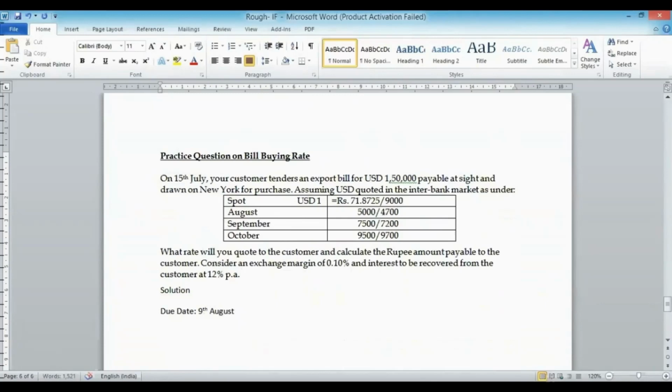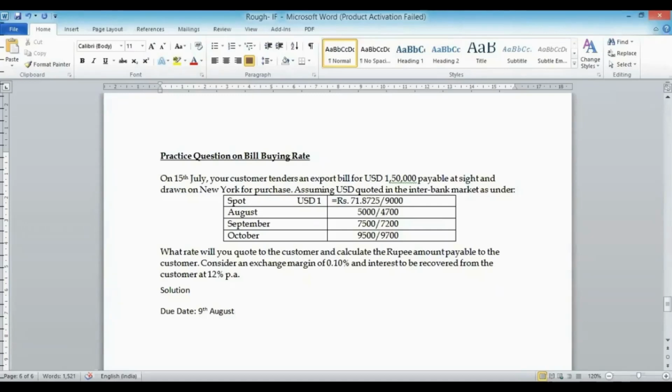That means the customer approached the bank on 15th July and is trying to sell a bill of USD 1,50,000, and that bill is going to have the maturity on 9th August. That means the bank has to make the payment on 15th July, but the bank will be able to realize the payment from the importer on 9th August.